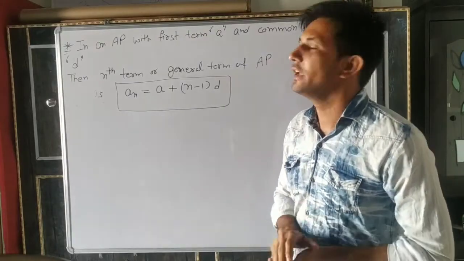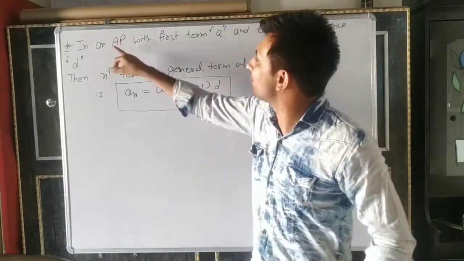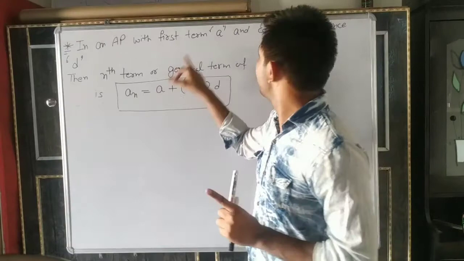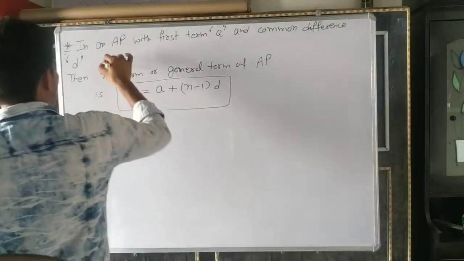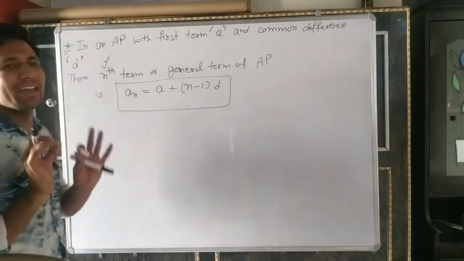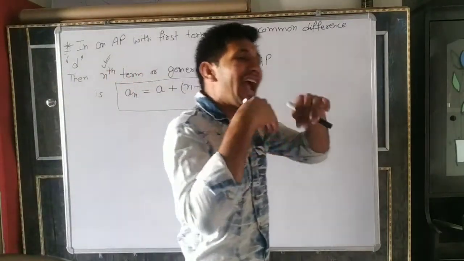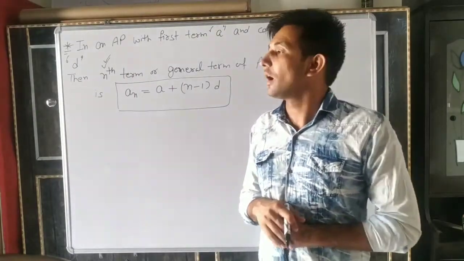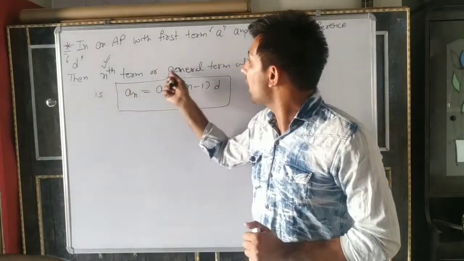So what is given? Suppose any AP is given in the question, with first term A and common difference D. Then how to find the nth term? N means you can find any term. If the examiner asks you to find the 100th term, in place of n we will put 100.